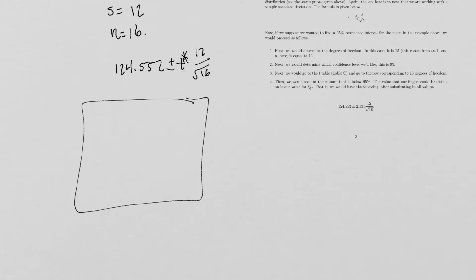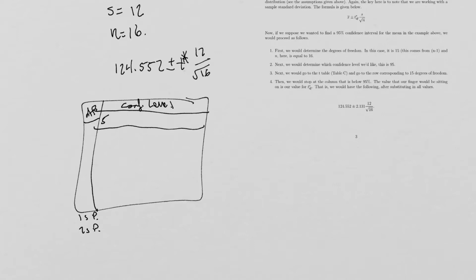Okay, we have the confidence level, which is what we're going to pay attention to. We'll have the one-sided p-value, two-sided p-value, and our degrees of freedom. What you'll notice is the confidence levels start from 50%.